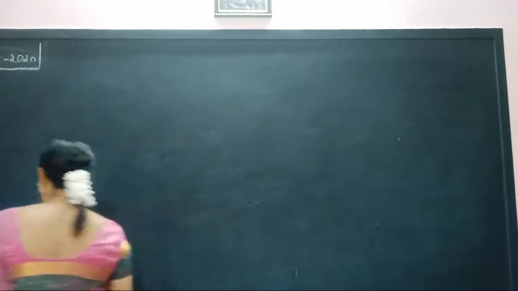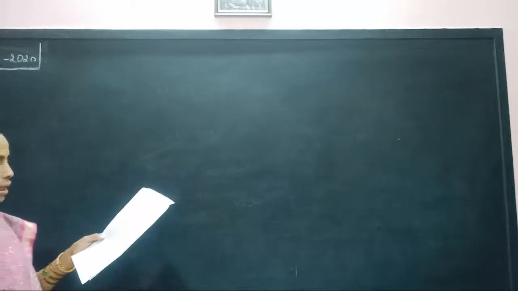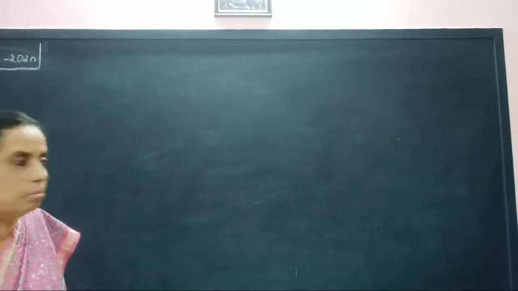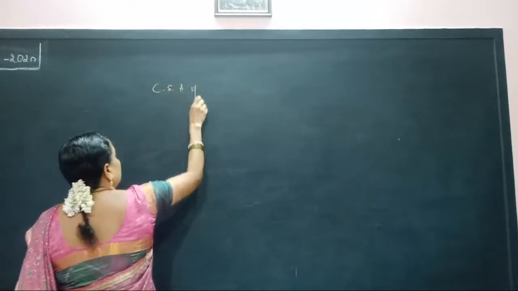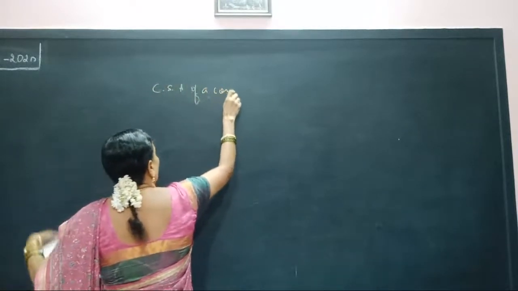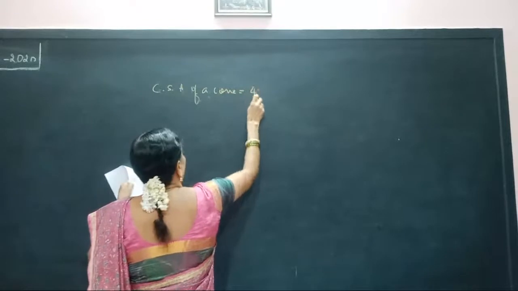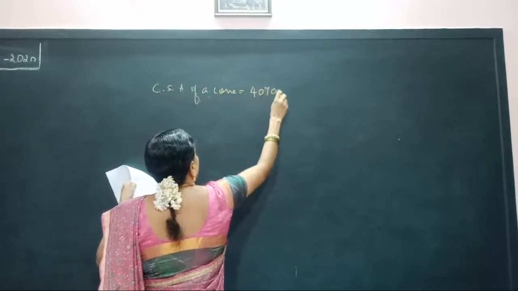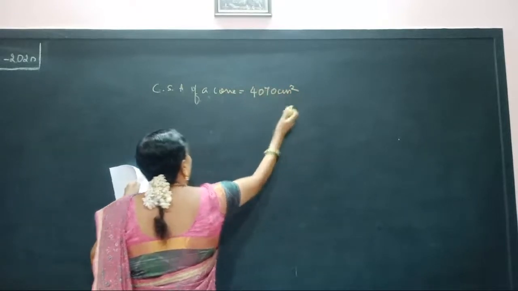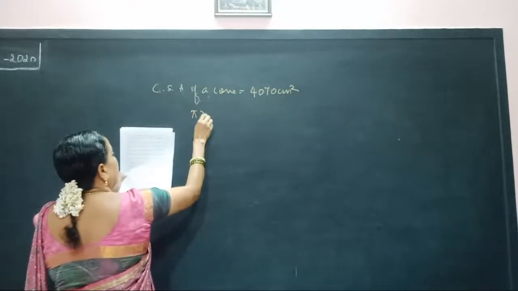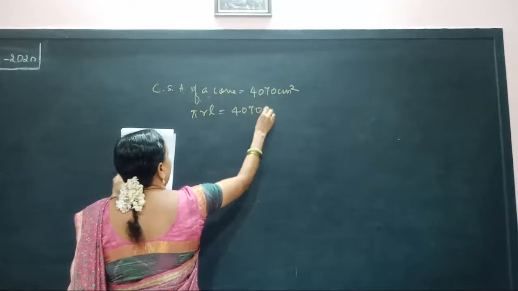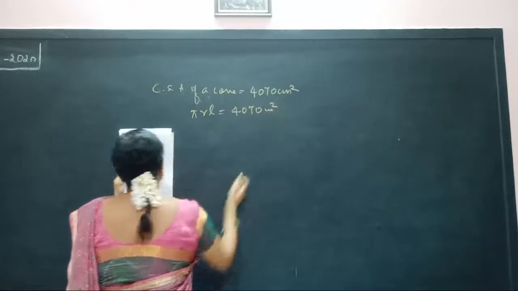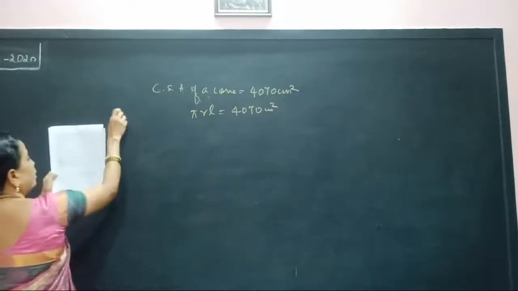Curved surface area of a cone, pi r L equals 4070 centimeters square.